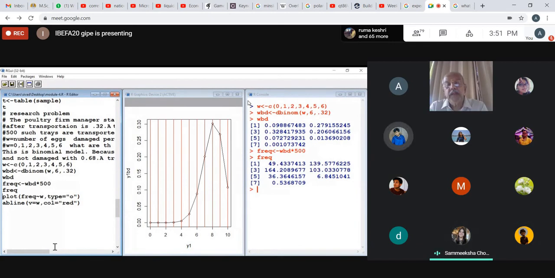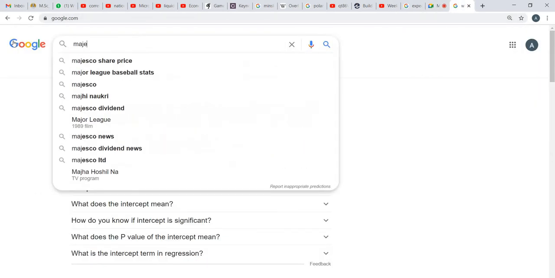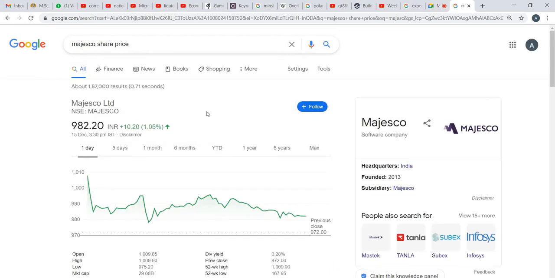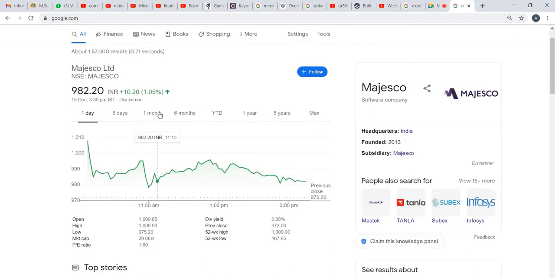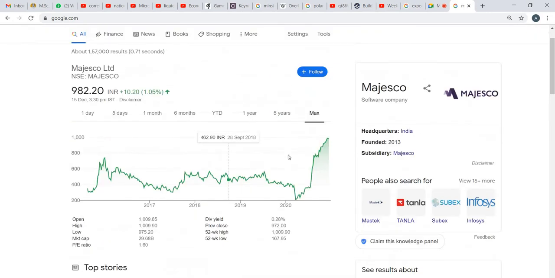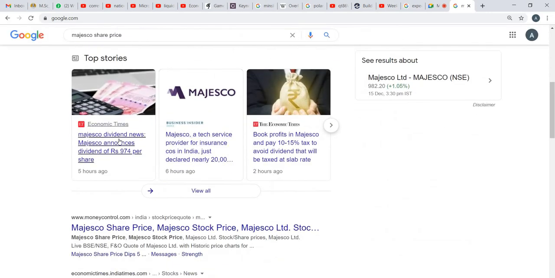That means out of 500 trays, 49.4 trays are expected to have zero damage, correct? Zero damage, yes. Very good. 139.577 trays have one damage. Exactly one damage. Yes.